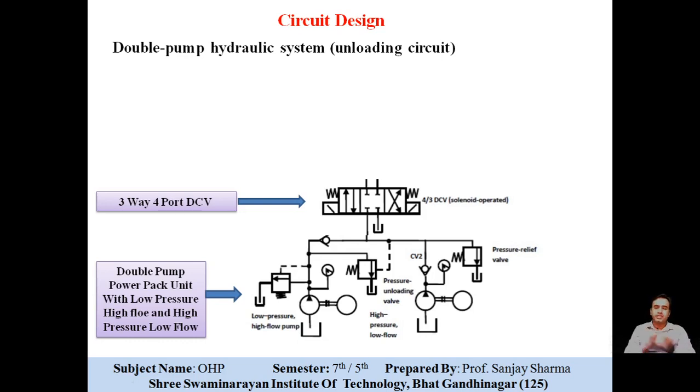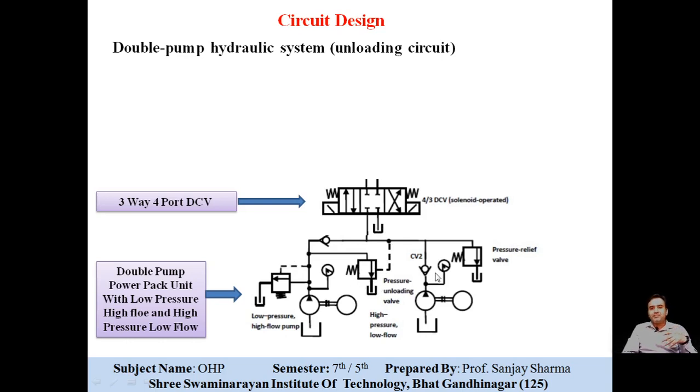So in order to protect this circuit, a safety valve or you can say pressure unloading valve is provided here, so that as soon as the pressure increases, the fluid bypasses, and whatever the excess pressure is there, it is unloaded by this fluid.